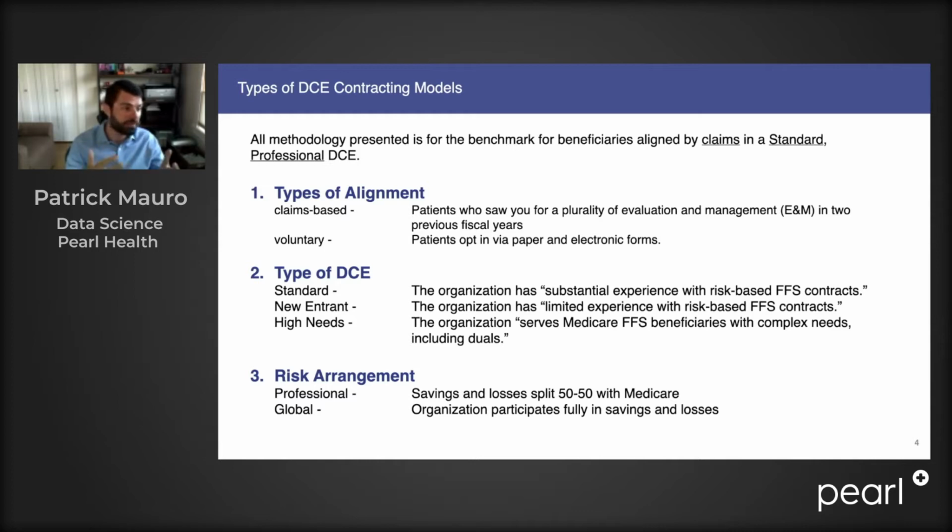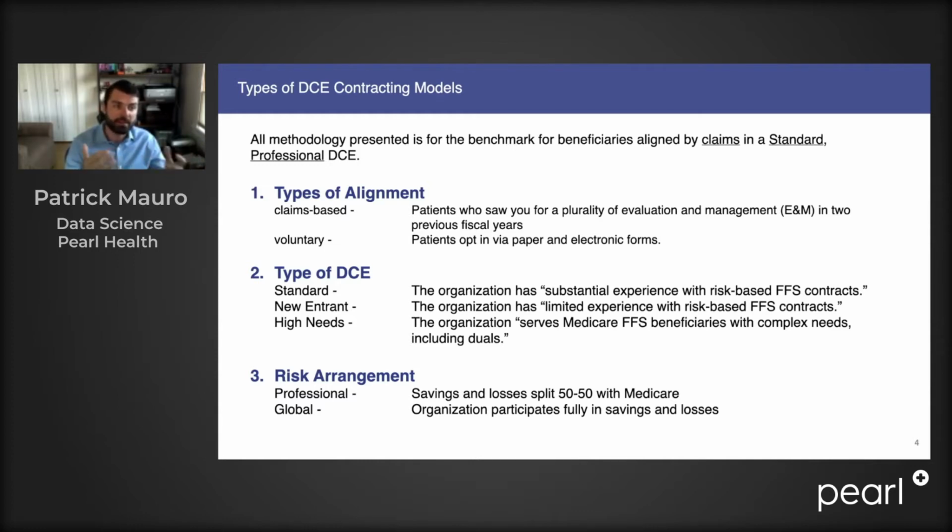Some of those sorts of programs are the Medicare Shared Savings Program, Next Gen ACO, Comprehensive Primary Care Plus, and Comprehensive ESRD Care. So if those words sound familiar to you, you most likely would enter into a standard DCE. High needs DCEs are for folks that have complex needs, including beneficiaries that are duly eligible for Medicare and Medicaid. And if you don't fit into either of those 2 buckets, you're probably a new entrant DCE.